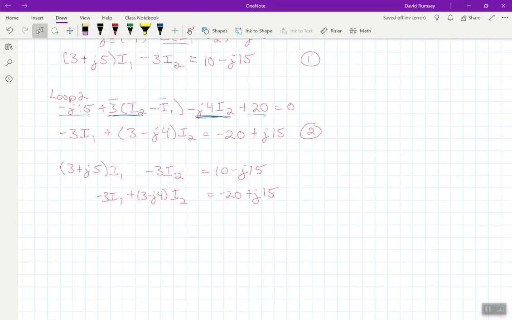But if we write it in a matrix form here, all I'm doing is putting the numbers in here.